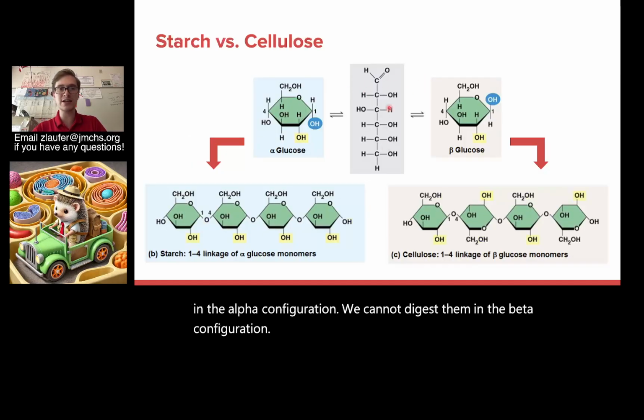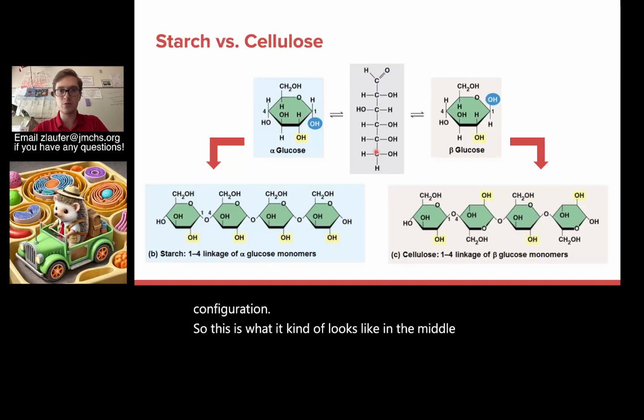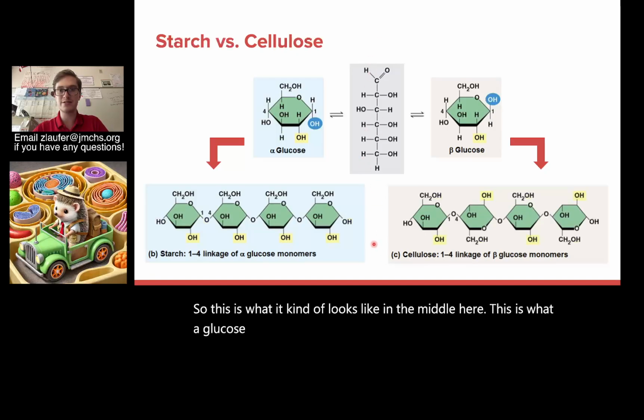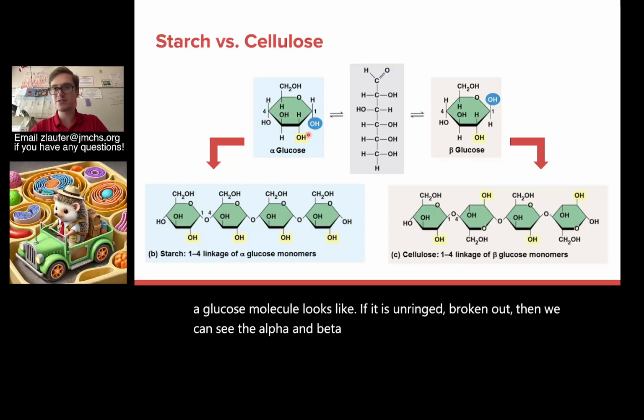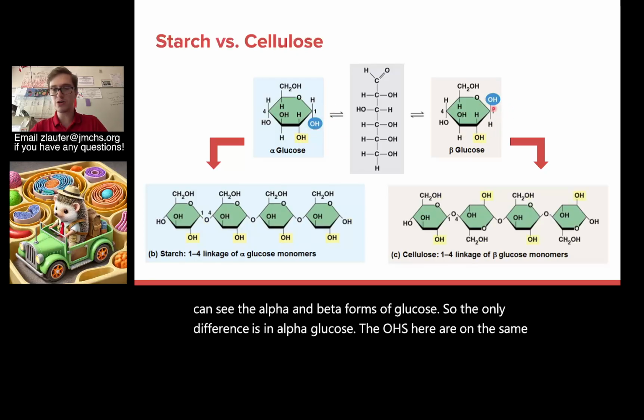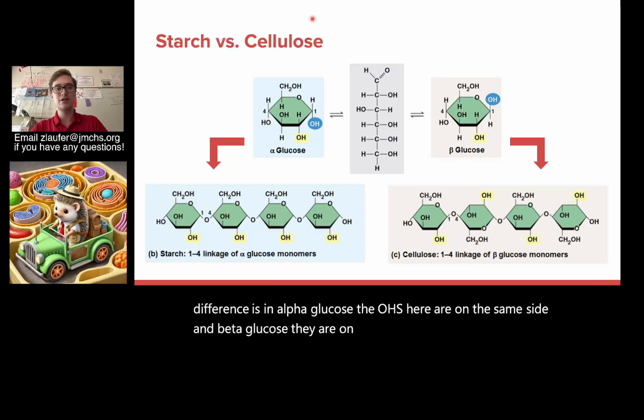So this is what it kind of looks like. In the middle here, this is what a glucose molecule looks like if it is unringed, broken out. Then we can see the alpha and beta forms of glucose. So the only difference is in alpha glucose, the OHs here are on the same side. In beta glucose, they are on opposite sides.